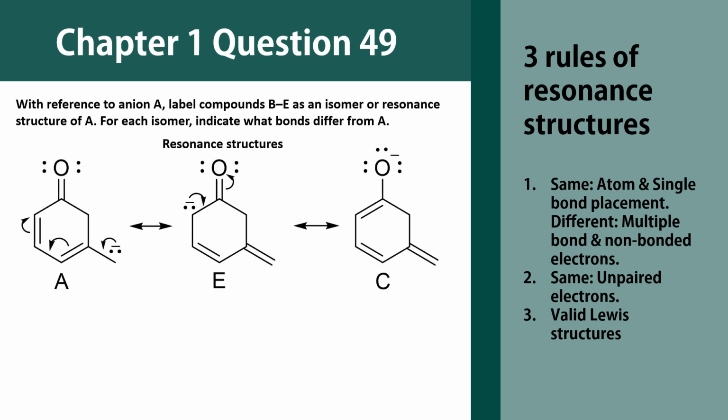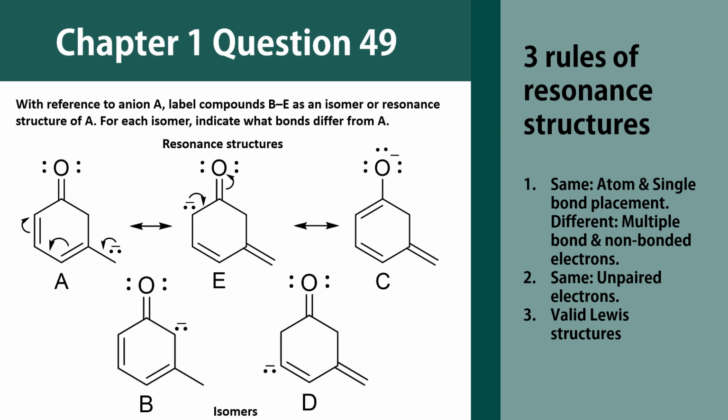When you see A, it can become E after the transformations. Same goes for C. So these three structures really abide by the three rules. Whereas B and D have a difference in atom placement.